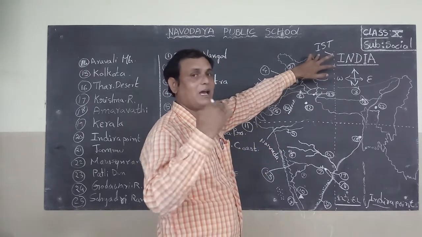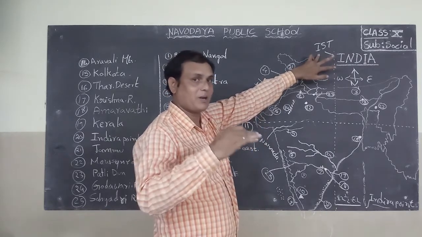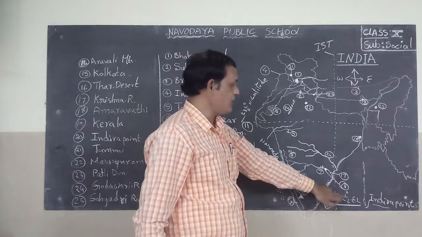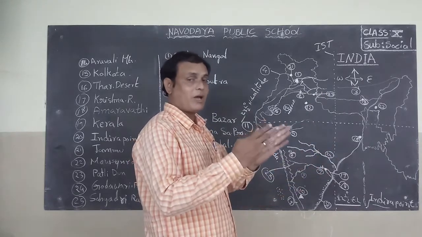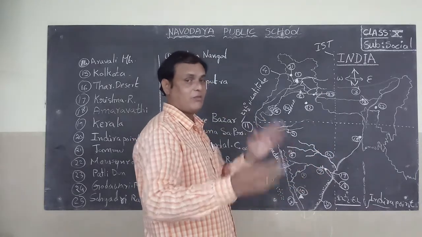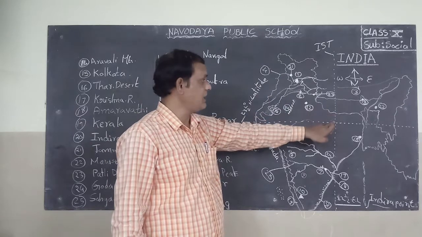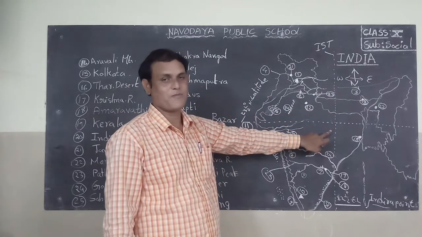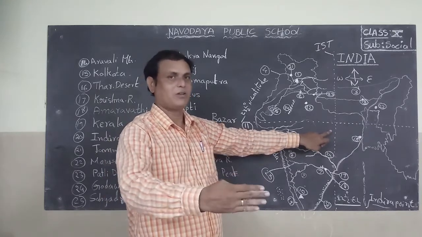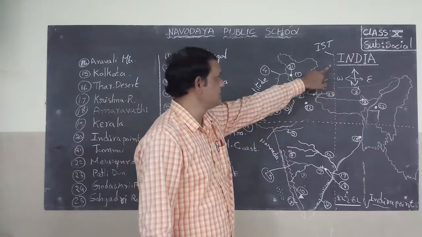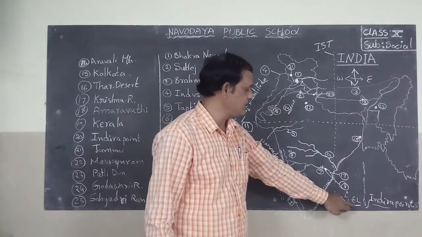The Greenwich longitude is passing through London. From London to this 82.5 degree east longitude in our country, the time difference is 5.5 hours ahead. For example, in London, if the time is 12 p.m., in our country, the time is 5:30 p.m. evening. That means you will add 5.5 hours. So that is Indian Standard Meridian. It is 82.5 degree east longitude.